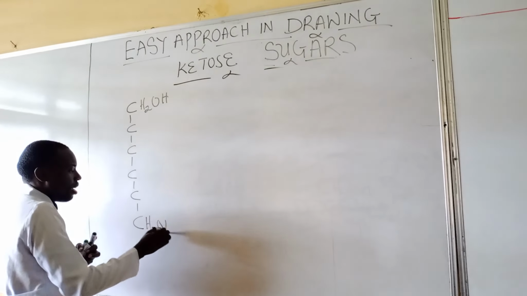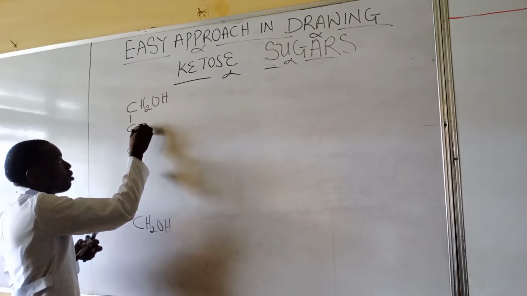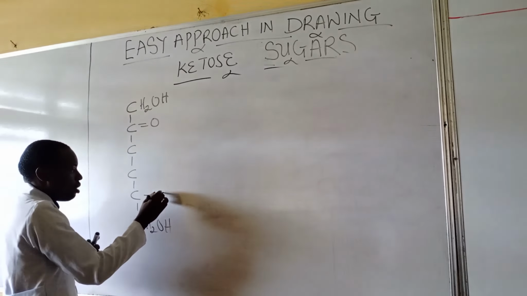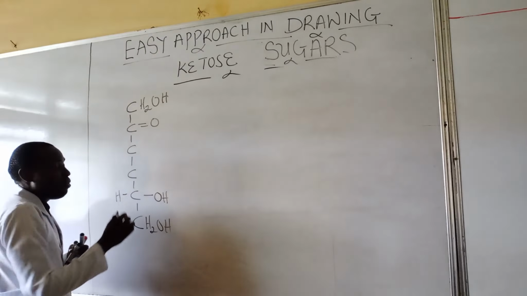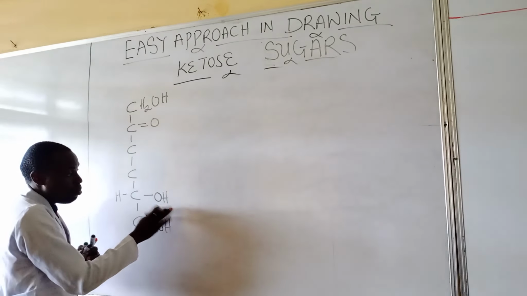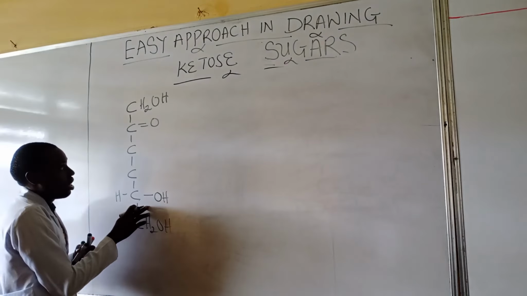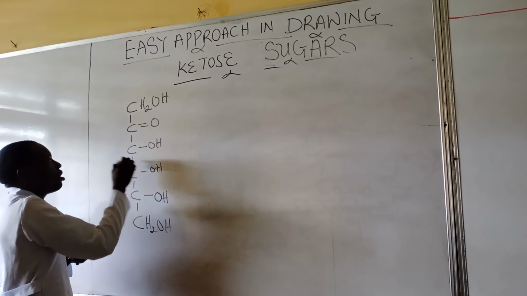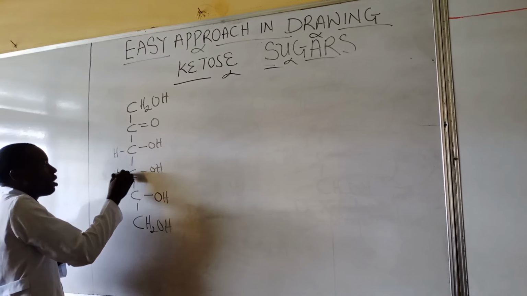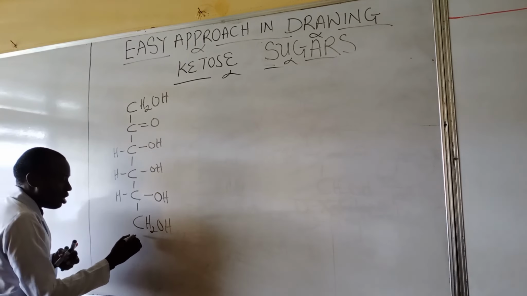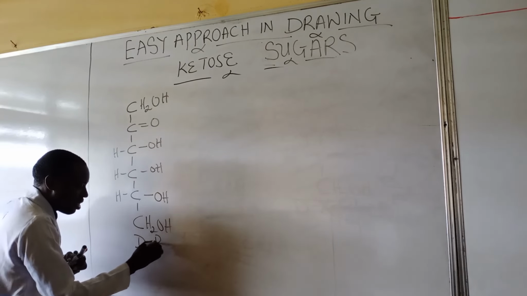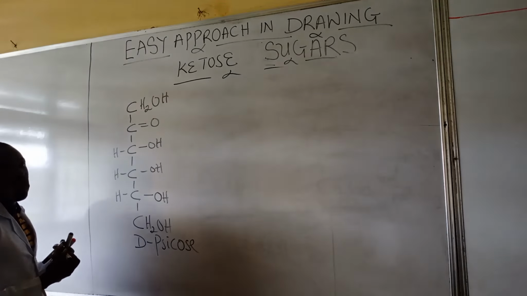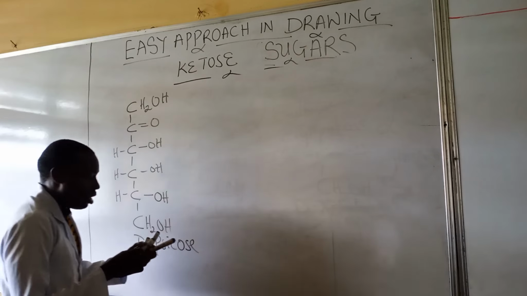The functional group here is the ketone functional group. Remember that we have said that if you want to get the D form, the OH should always be on the right at the last chiral carbon here. So here will just be OH, here will just be OH. Now this one here is what we call the D-psicose.